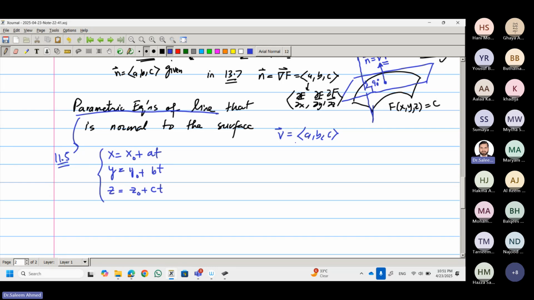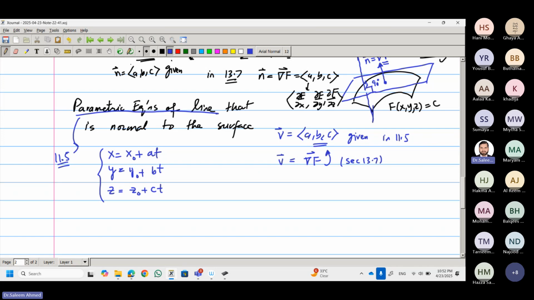If a direction vector v is given and a point is given, we write it like that. In 11.5 this vector is given, but in 13.7 my v comes from the gradient vector. This gradient vector will give me ABC. Whatever you used for ABC for the plane, the same ABC comes here.